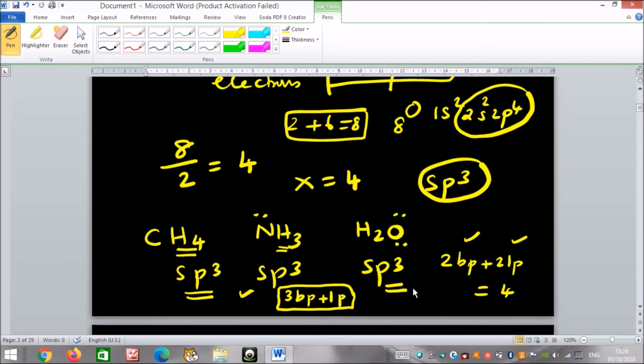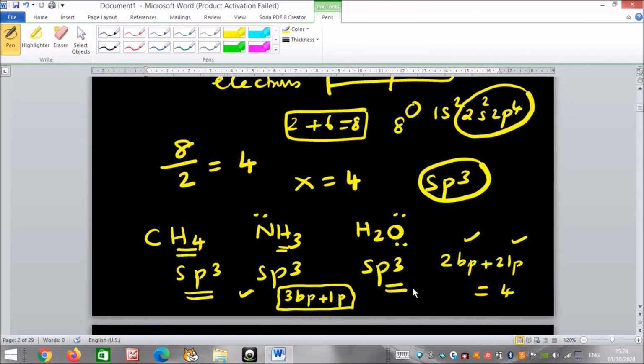So in this particular discussion, we saw that when molecules are considered, you can easily identify the type of hybridization behind the molecule's formation by finding out the number of valence electrons in each and every atom present in the molecule. When the total number of valence electrons is equal to 8, you must divide them by 2.